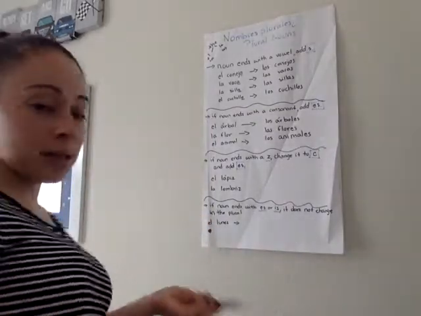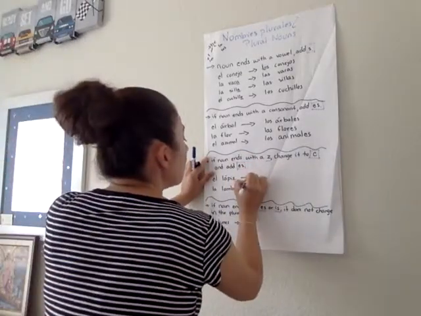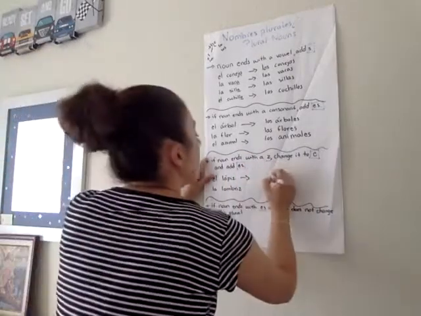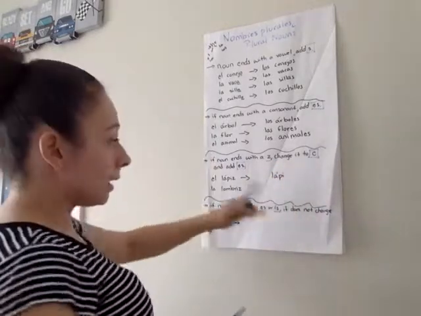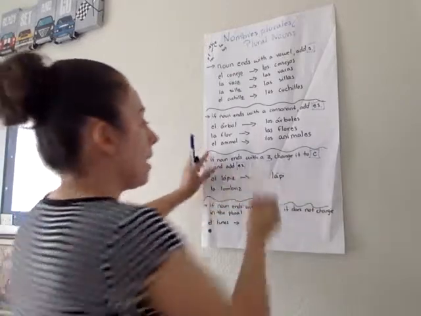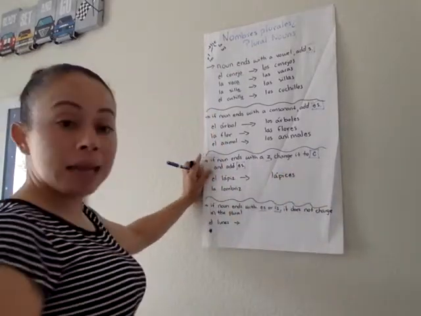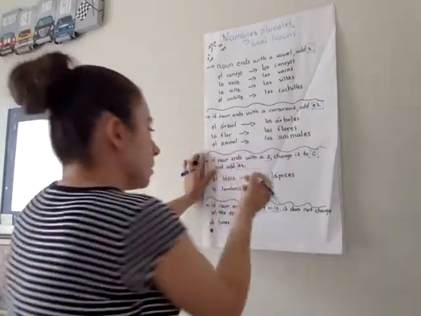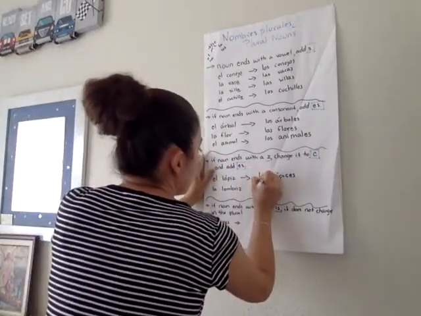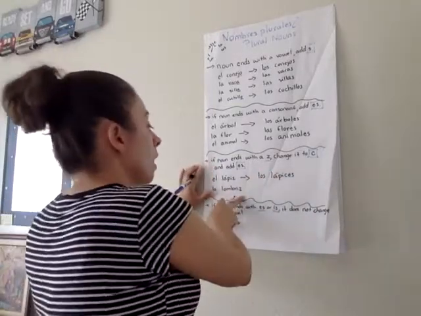Okay? So let's look. El lápiz, the pencil. So lápiz ends with the Z. So I'm going to take away the Z and leave it as lápi, and then I'm just going to add CES. So it becomes lápices, pencils. Now, el is singular, so I'm using my plural form, which is los, and it becomes los lápices, the pencils.